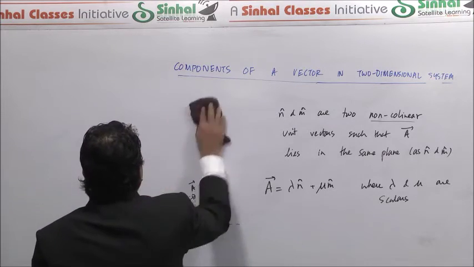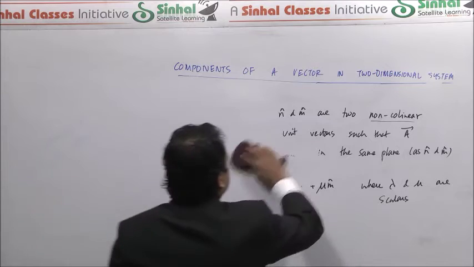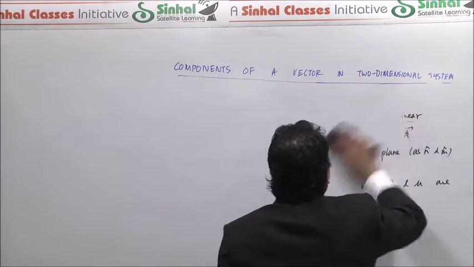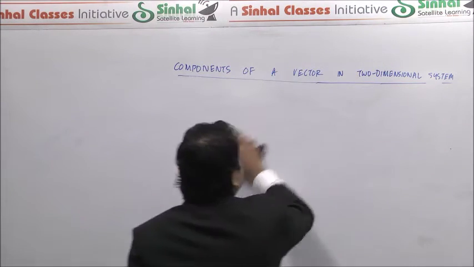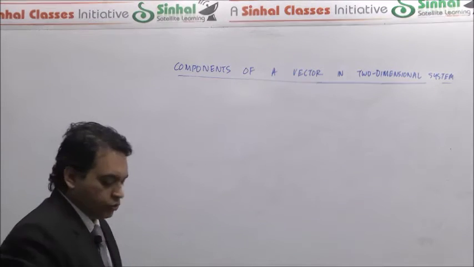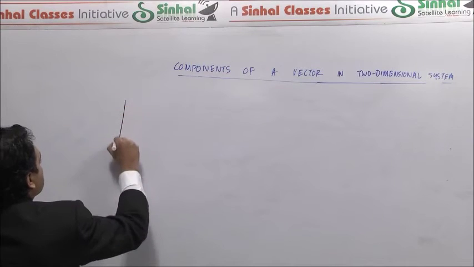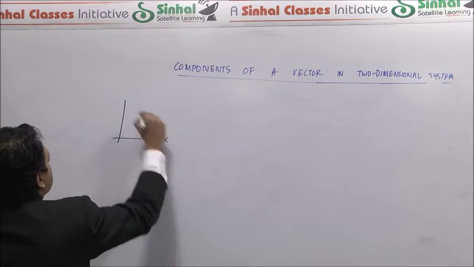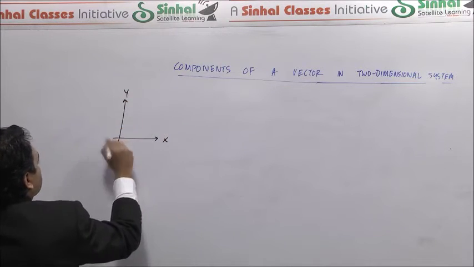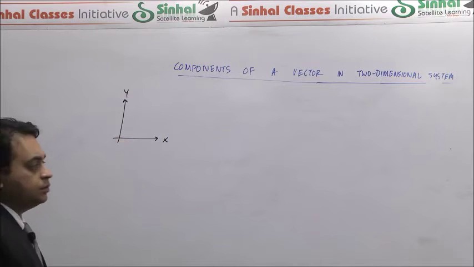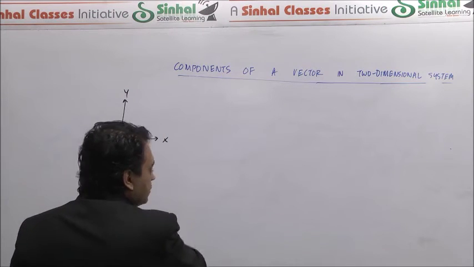Since we are beginning our study with vector component algebra in a two-dimensional system, we will limit ourselves to using only i cap and j cap, restricting ourselves to the xy plane.